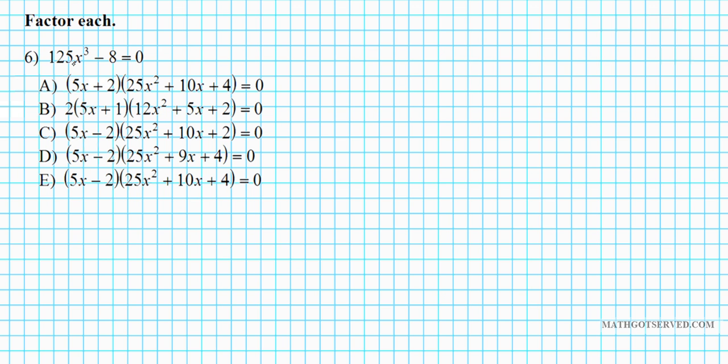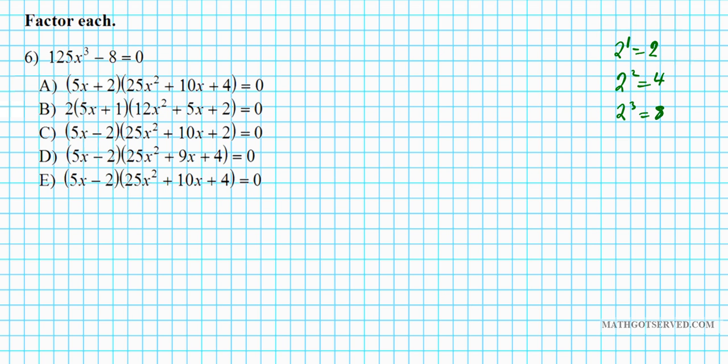Now, if you examine the two terms that we have, you notice that they are what? These numbers, 125 and 8, and this variable x to the third are all cubes. If you have your cubes memorized, that will help you to easily see that 2 to the first power is 2, 2 to the second power is 4, 2 to the third power is what? 8.